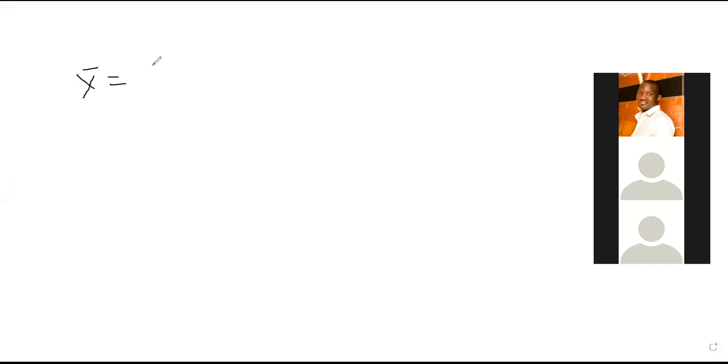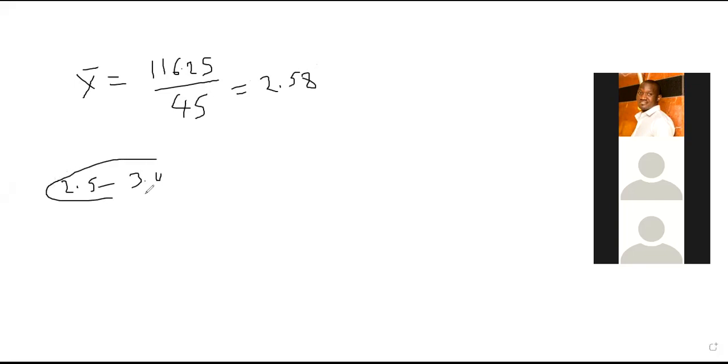So the mean we calculated was 116.25 divided by our 45, which gave us 2.58, which ranged between the 2.5 to 3.0, which had a modal frequency of 30.